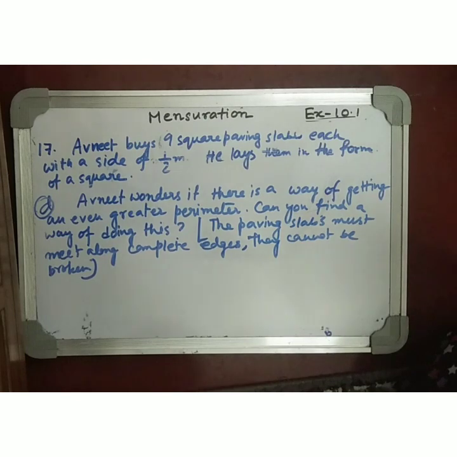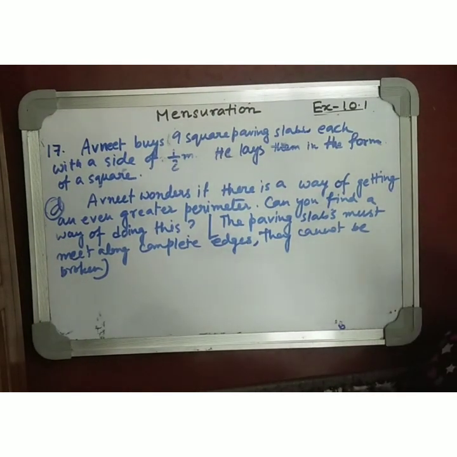Now here in this question it is written that Avneet buys 9 square paving slabs with a side of half meter. He lays them in the form of a square. In question D it was written, Avneet wonders if there is a way of getting an even greater perimeter.